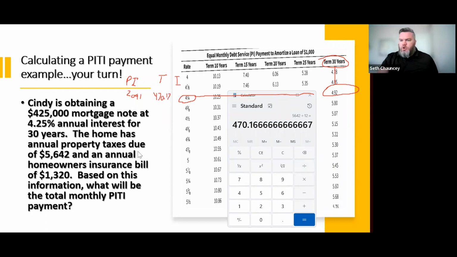The annual homeowners insurance bill of 1320 divided by 12 is 110. Add them all up: 110 plus 470 plus 2091 is 2671.17, or 2671.16, depending on how you round it.